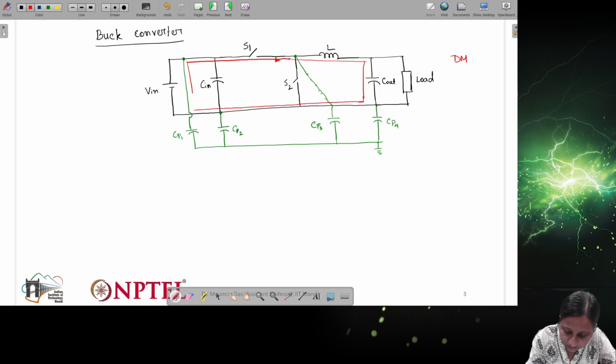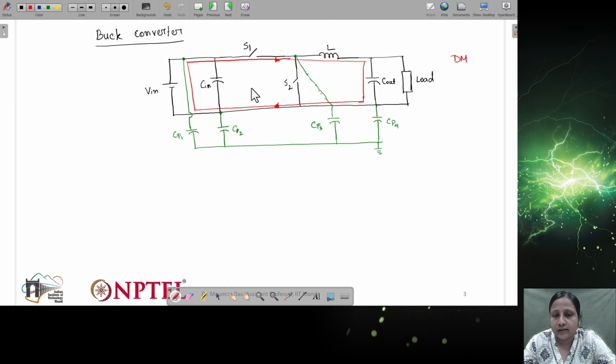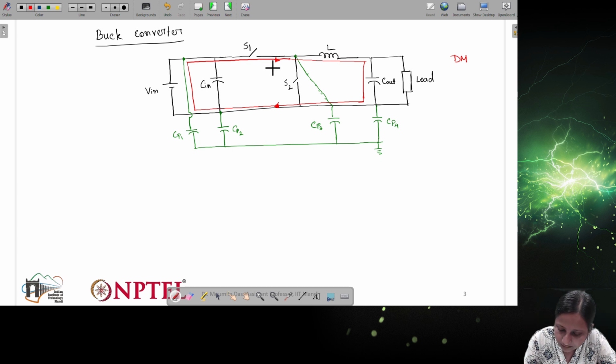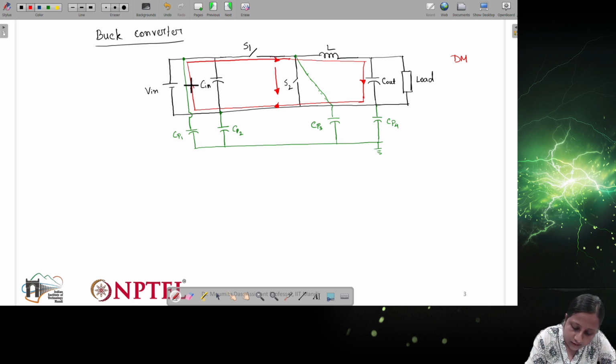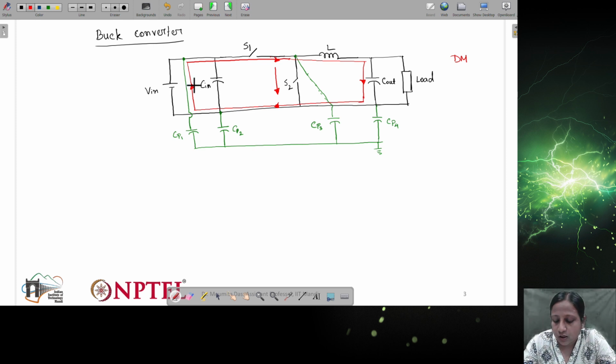Sometimes it will be through this inductor and the capacitor, and sometimes it can be like this also. So this is how generally the differential mode current path will be. It will be along with the power signal line.